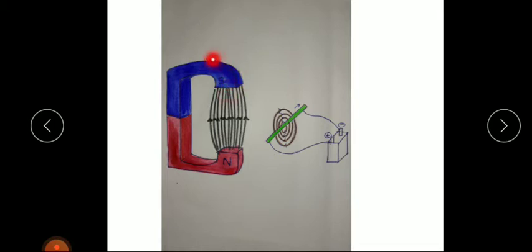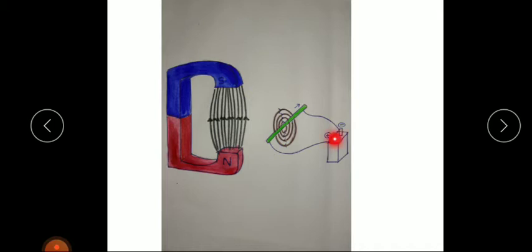So here you can see a U-shaped magnet. We know that there are magnetic field lines in between the north and south pole of a magnet. The magnetic lines originate from the north pole and end at the south pole. Here you can see the direction of these magnetic field lines, and here you can see the copper wire.